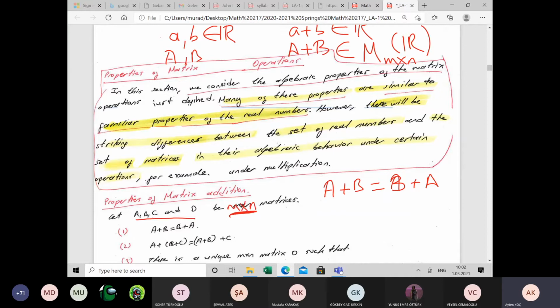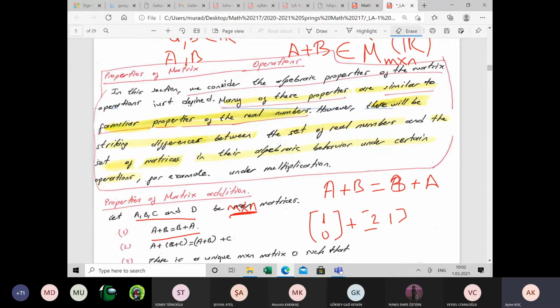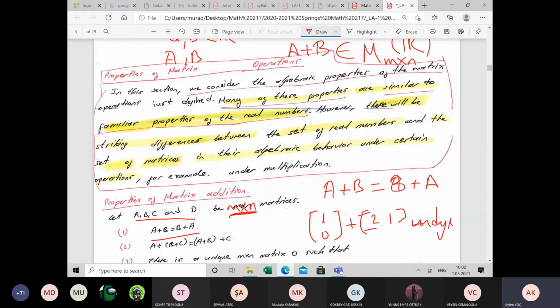Otherwise, it is not possible to say this. For example, take 1 0 plus 2 1. Take this matrix and this one. This is undefined, because this one is 2 by 1 and this one is 1 by 2.